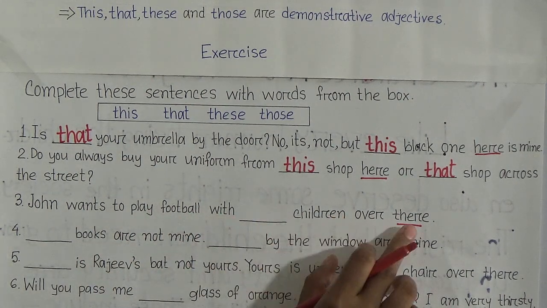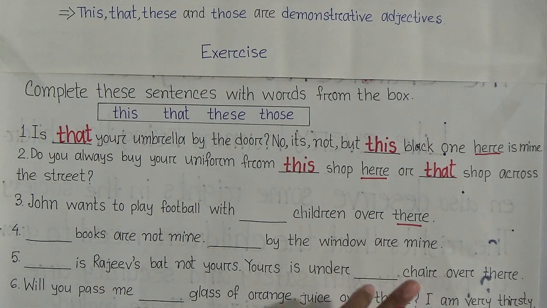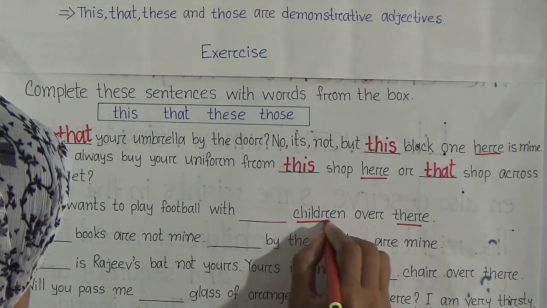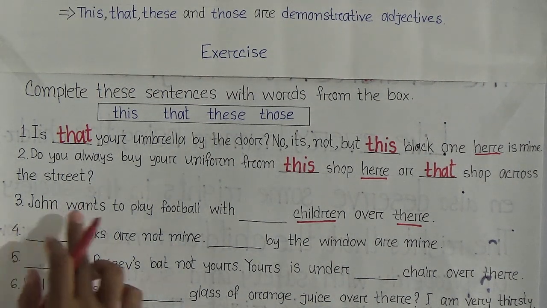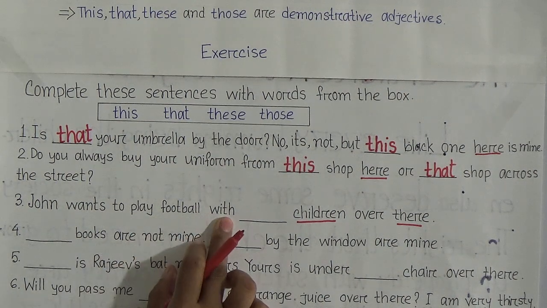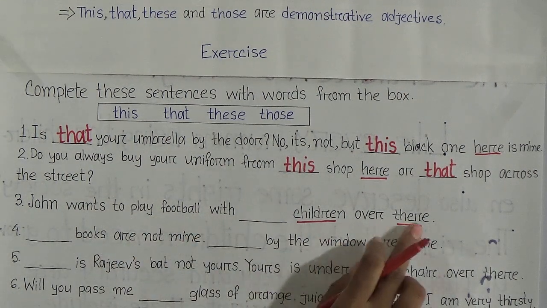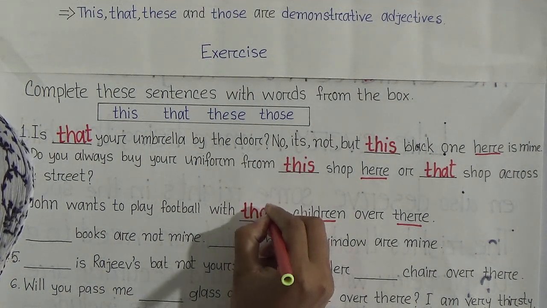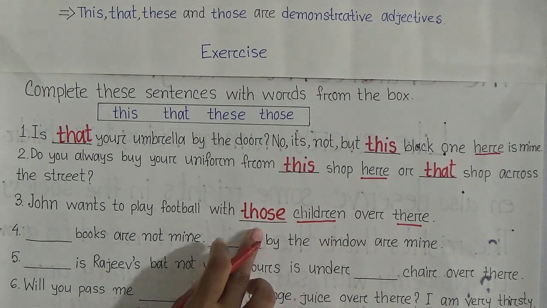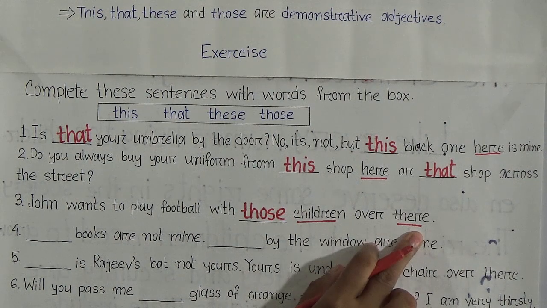As we know, there means far from us or you, and it is plural, so you have to use this or that or those. Can you guess what will be in the gap? John wants to play football with those children over there. So T-H-O-S-E, those children over there.